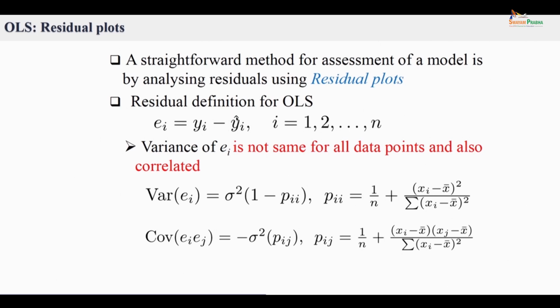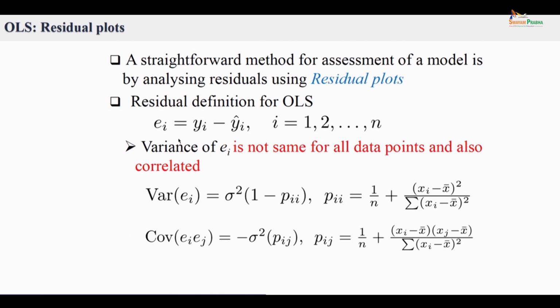It depends on all the measurements. It is not dependent only on the ith measurement. This predicted value is a function of all the observations, and because of that it introduces correlations between the different residuals, and also imparts different variance to different residuals.